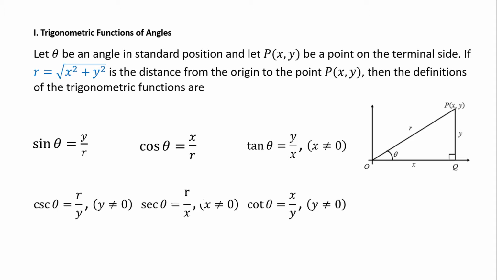And the reciprocal functions are: cosecant theta is r over y, provided that y does not equal 0. Secant theta is r over x, provided that x does not equal 0. And cotangent theta is x over y, provided that y does not equal 0.